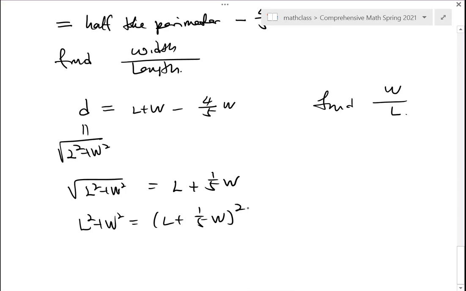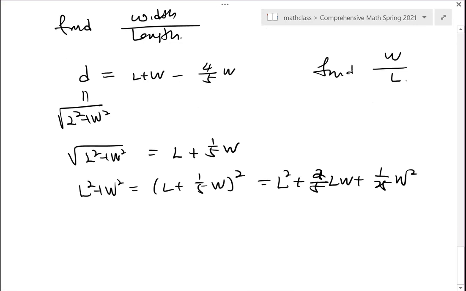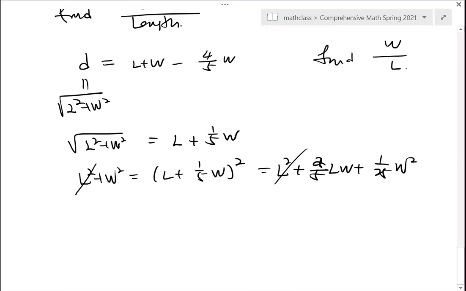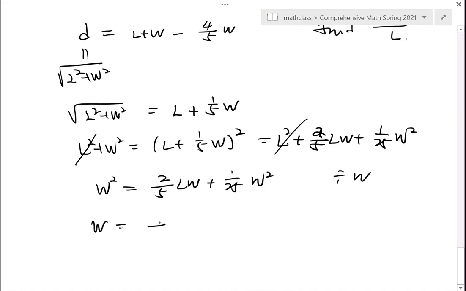You get L squared plus 2/5 LW plus 1/25 W squared. L squared is gone. Then W squared equals 2/5 LW plus 1/25 W squared. We can divide by W on both sides, so you get a linear term.